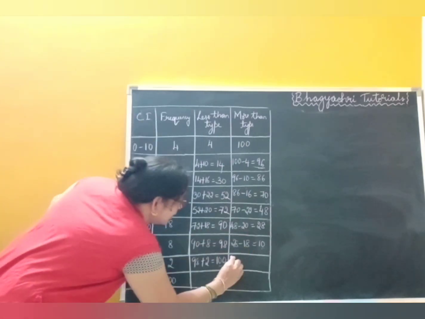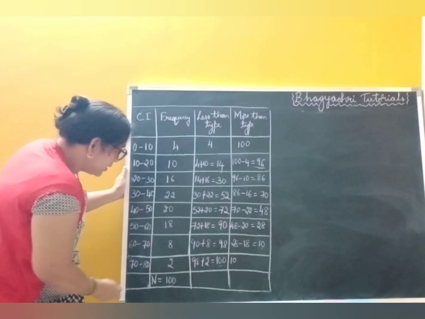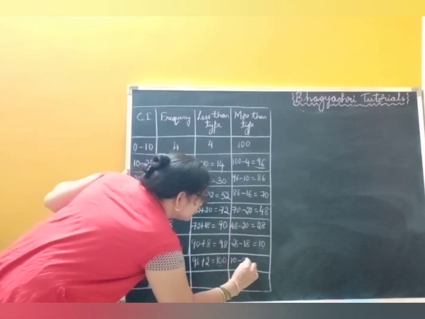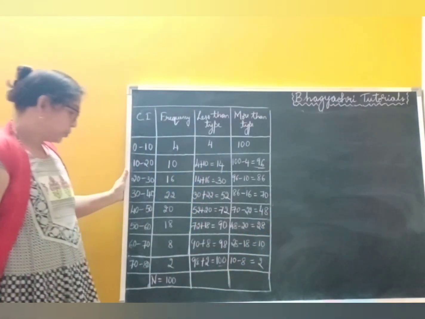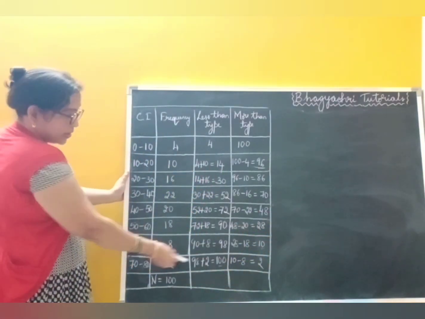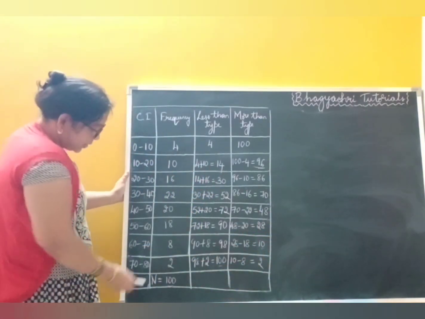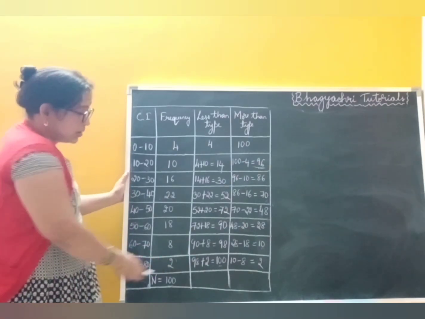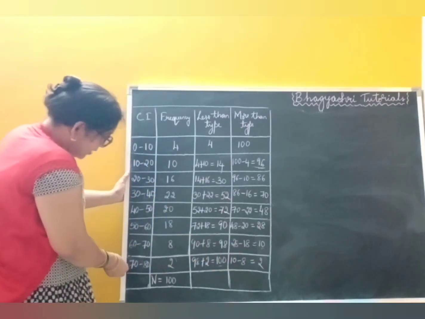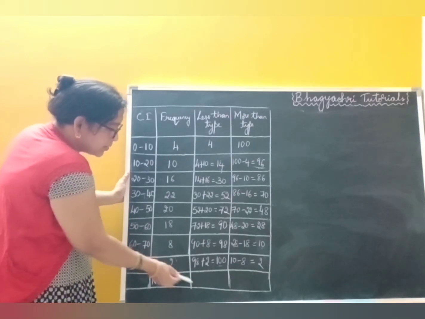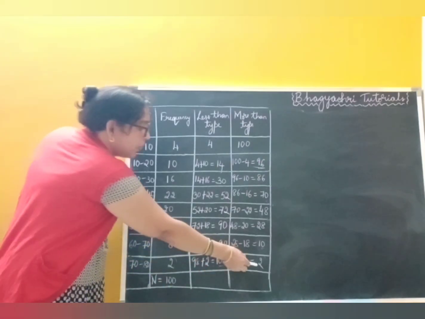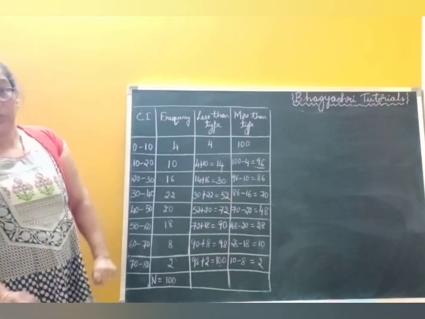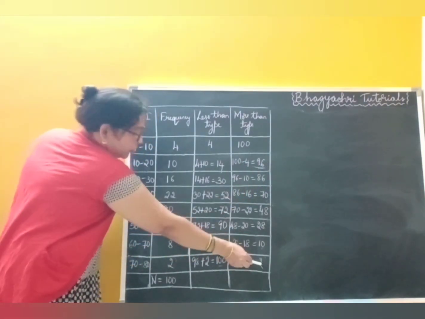So 10 minus 8, it is equal to 2. See here, we got the same. Here also we got 2. Last, that means 70 to 80, there are 2 students. Those who have got the marks more than 70, how many are there? Only 2. This is how we have to check. We have to get the same number here.